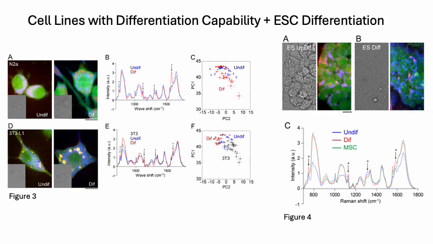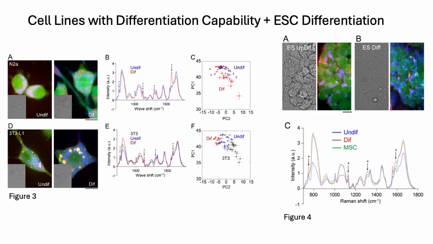Moving on to figure 4, we move on from induced differentiation to a focus on embryonic stem cells, or ESCs, which are fully pluripotent. In this part of the study, ESCs were cultured with leukemia inhibitory factor, also known as LIF, to keep them in a naive state where they form tight, round colonies.